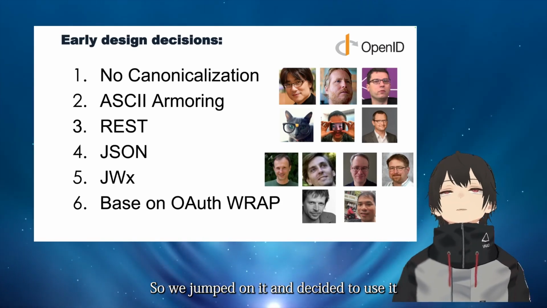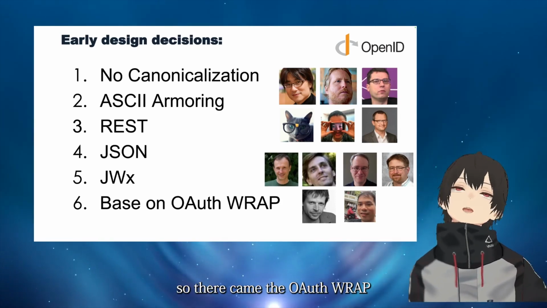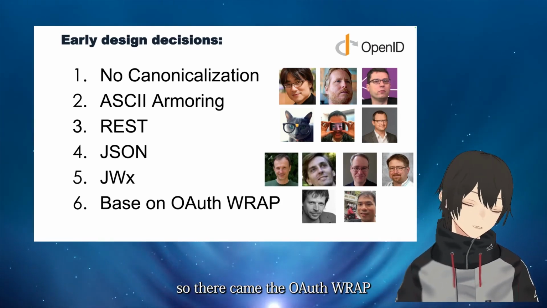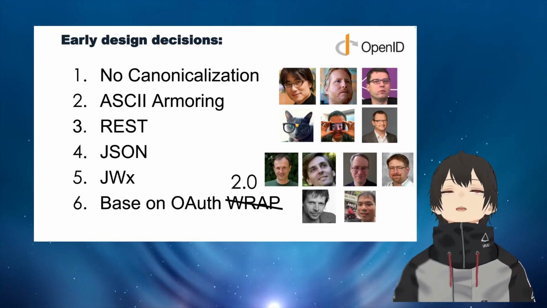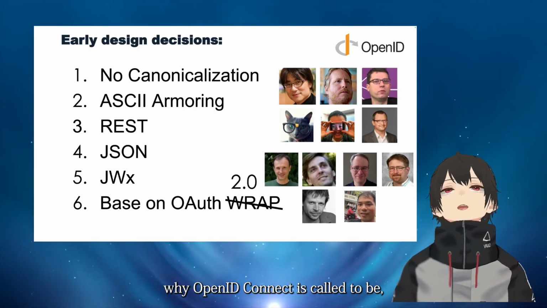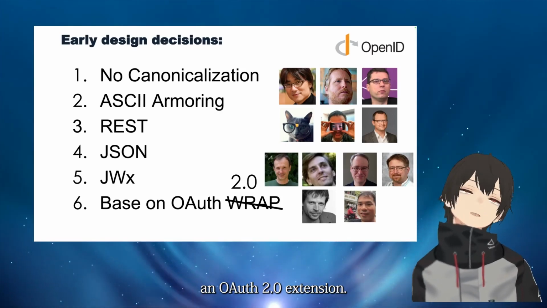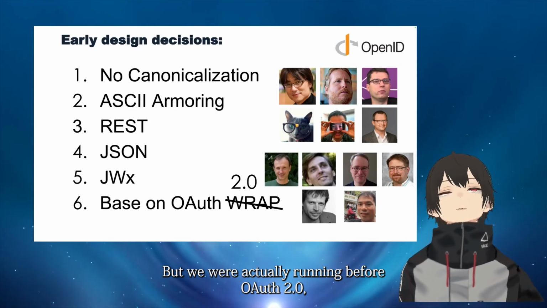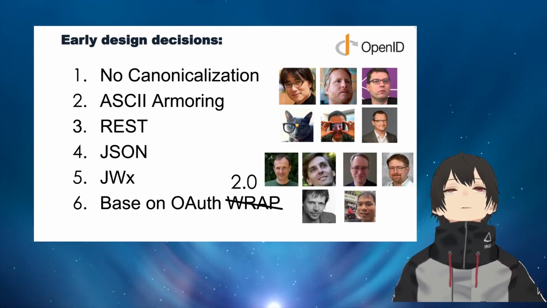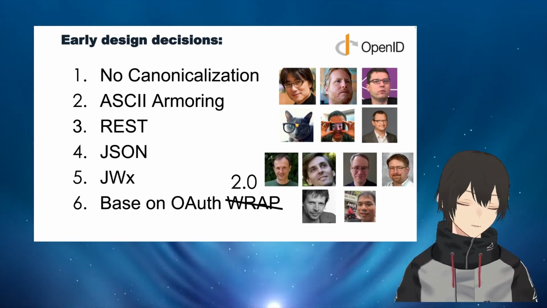So we jumped on it and decided to use it. So there came the OAuth WRAP, which later became OAuth 2.0. And that's one reason why OpenID Connect is said to be an OAuth 2.0 extension. But we were actually running before OAuth 2.0. We adopted OAuth 2.0 on the journey.